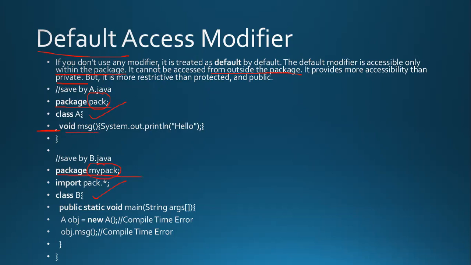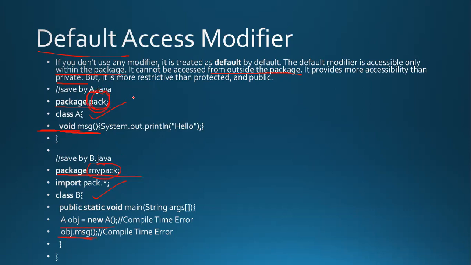There is no access modifier specified, which makes it default. In class B, we are trying to create the object of class A and access the method message. But you cannot do it because they're two different packages, and the default method can only be accessed within the package pack.